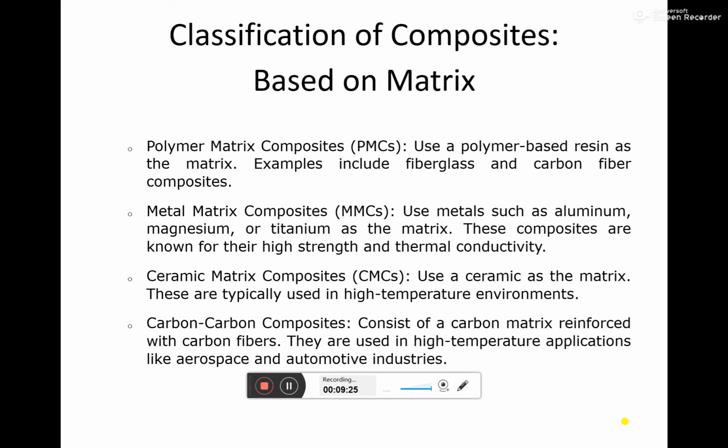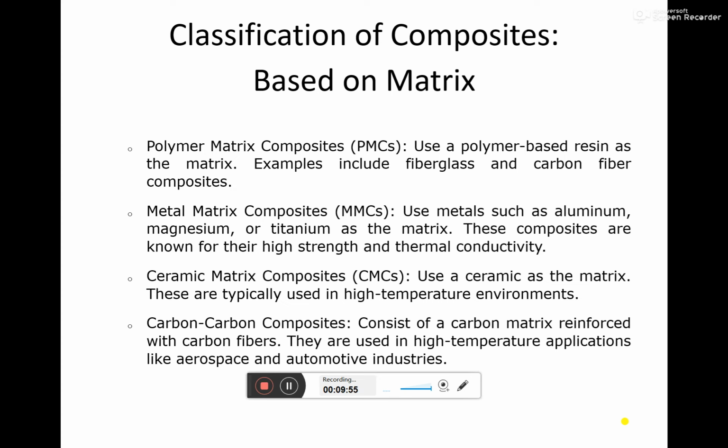If you are using a polymer as the matrix material, then it is known as a polymer matrix composite. We can use different types of polymers. One of the generally used polymers is epoxy, mostly used due to its low cost.